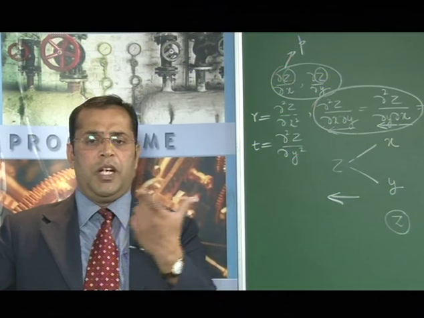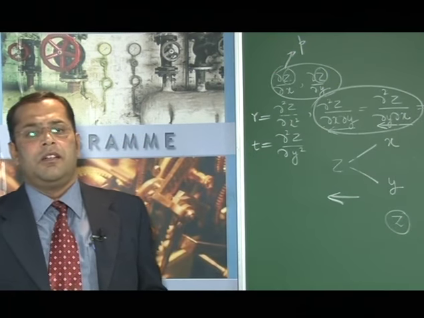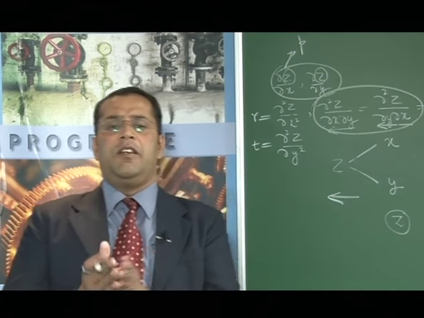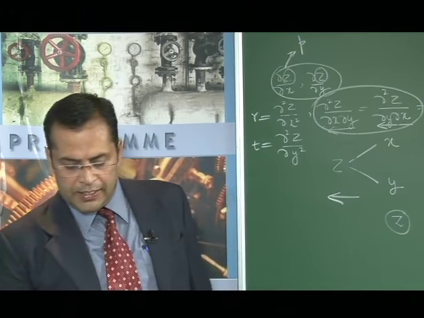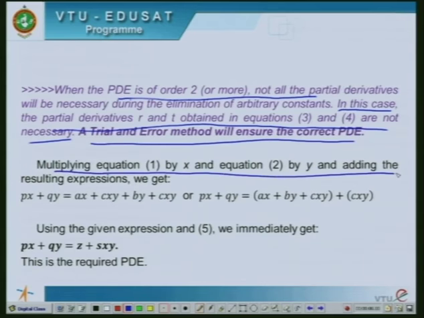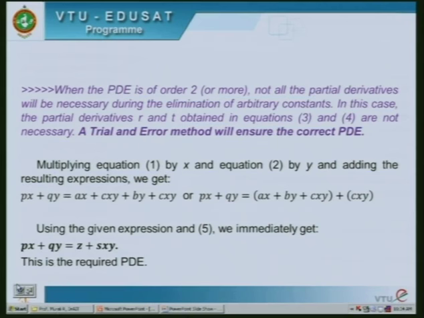You have to do a trial and error method and try to see what partial derivatives exactly fit into the required PDE. So, in this case, to obtain the PDE, multiply equation 1 by x.